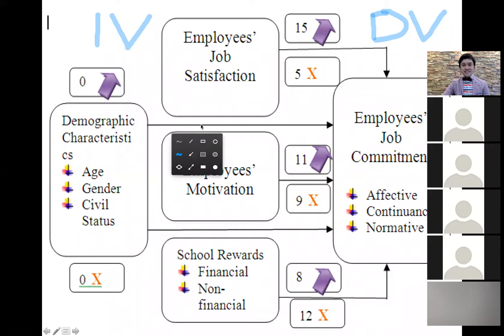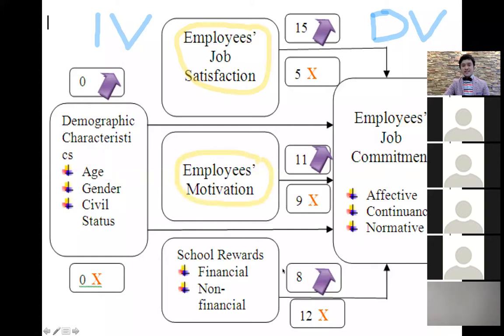So the IVs are composed of the following. Ano ba yung mga IVs natin dito? One of your IVs is employees' job satisfaction. That is one of your independent variables. Another independent variable is employees' motivation.